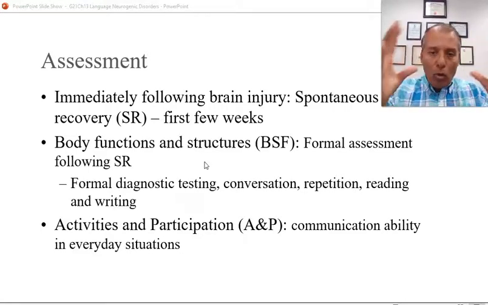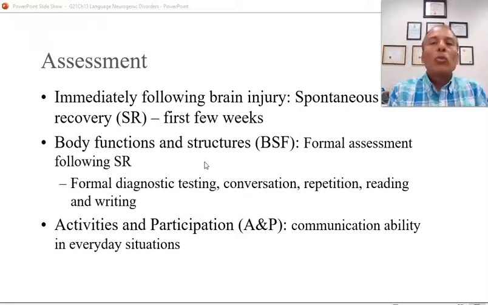Then you put all of this together and you make a diagnosis of what kind of aphasia there is, what the characteristics are, and how that aphasia is affecting the person's life in terms of family, work, and so on.